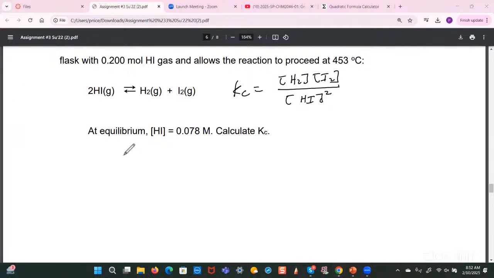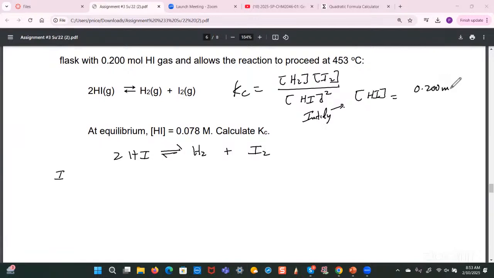2HI forms H2 plus I2. Before we even do that, I would find out what the initial concentration of HI is. So the concentration of HI initially would be equal to the moles, which is 0.200 moles, divided by the volume.